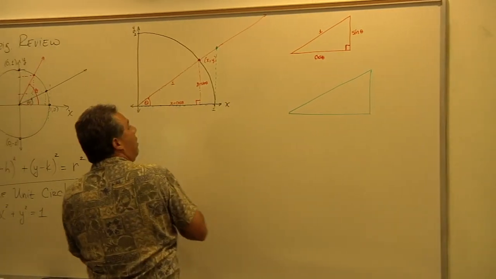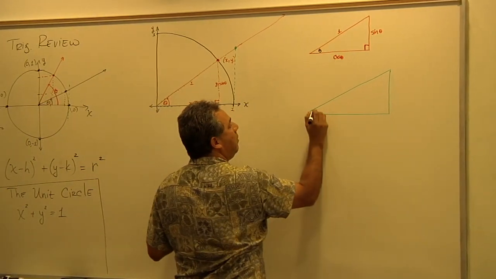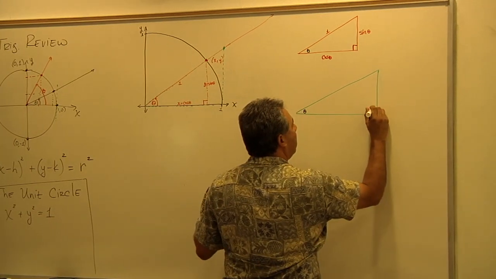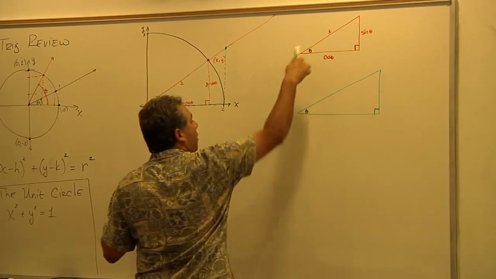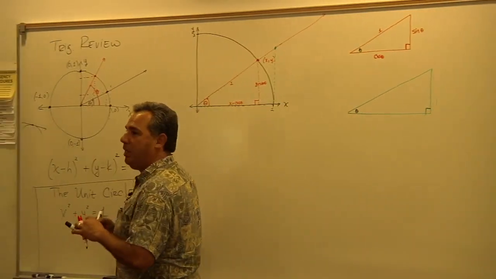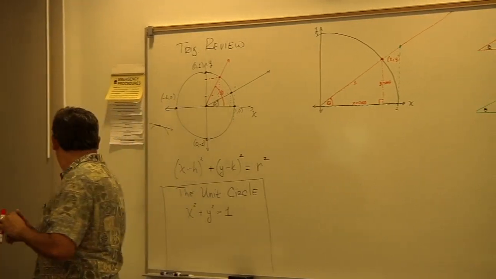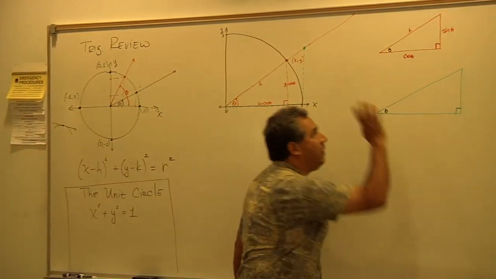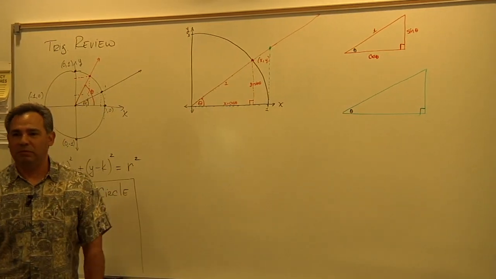Where is theta? Theta was right here. Theta is also right here. And these are both right triangles. And because this is 90, this is theta, that's 90 minus theta, that's 90 minus theta, we can classify these triangles as being similar.